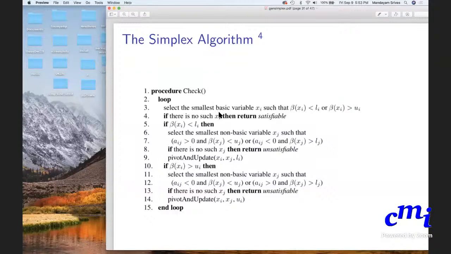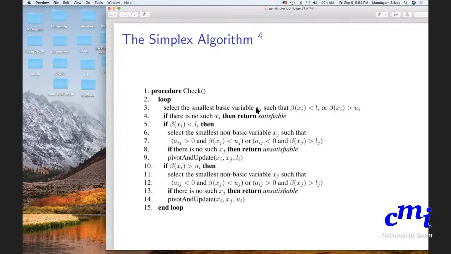So first you see if any variable in the basic set violates either its lower bound or its upper bound. If there's no such variable, remember that every variable in the non-basic set satisfies its bounds to begin with.